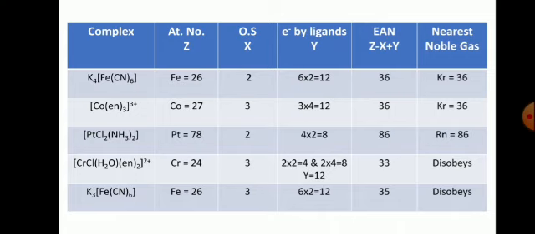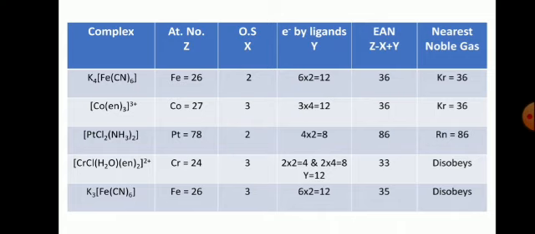As there are 2 monodentate ligands, chlorine and water, 4 electrons will be donated by them, and there are 2 bidentate ligands, 2 ethylenediamine, each one donating 4 electrons, making it 8. So the total is 12 electrons donated by the ligands. So 24 minus 3 plus 12 makes it 33. So this is disobeying the EAN theory. As I have said earlier, this theory failed for most of the complexes, but still you should know how to calculate it.